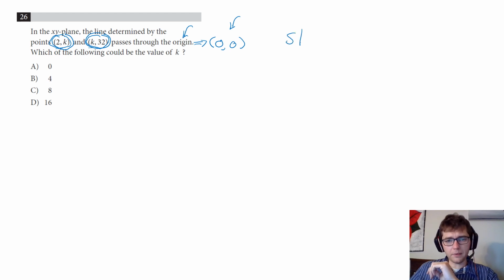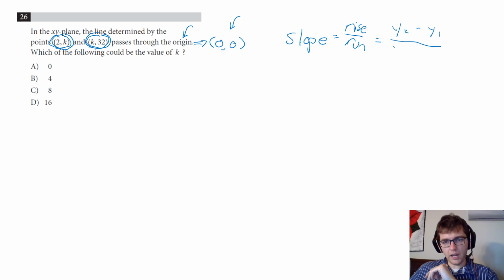First, recall that the equation for slope is rise over run, which means that rise will be the change in y, so y2 minus y1 over x2 minus x1. In both cases, we'll use (0, 0) as y1 and x1 and the other point as y2 and x2.